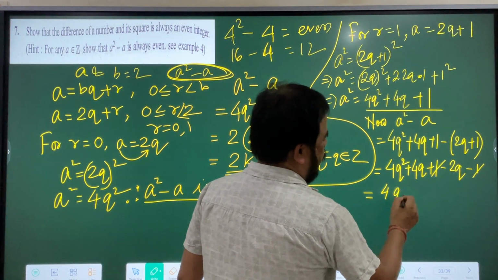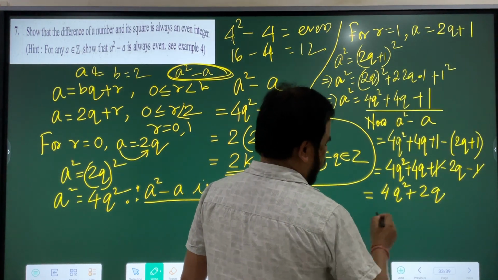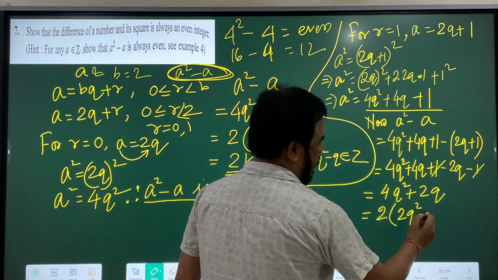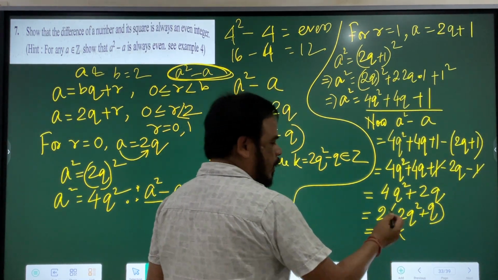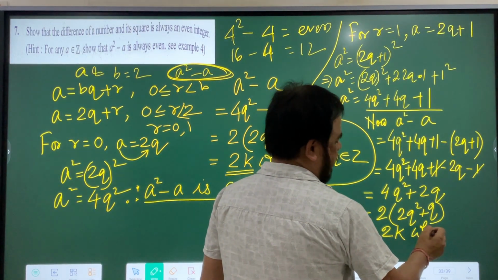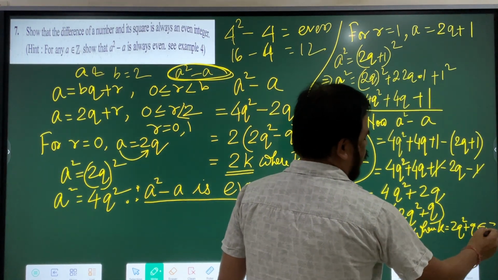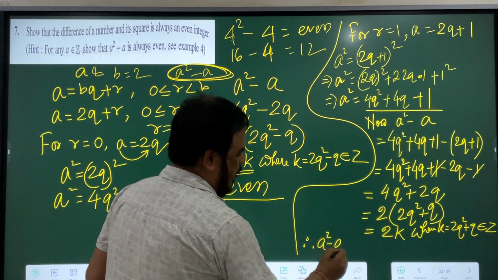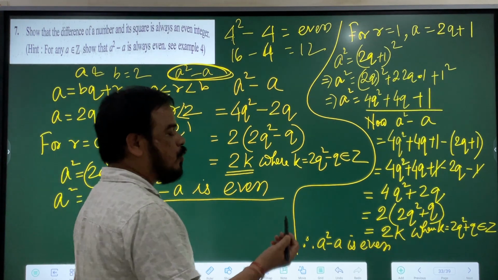So 4q square plus 4q minus 2q is plus 2q. So we will take 2 common here also. So 2k. 2 into something means even integer, where k is equal to 2q square plus q belongs to Z. Therefore, a square minus a is even, 2k. We have got 2 into something.